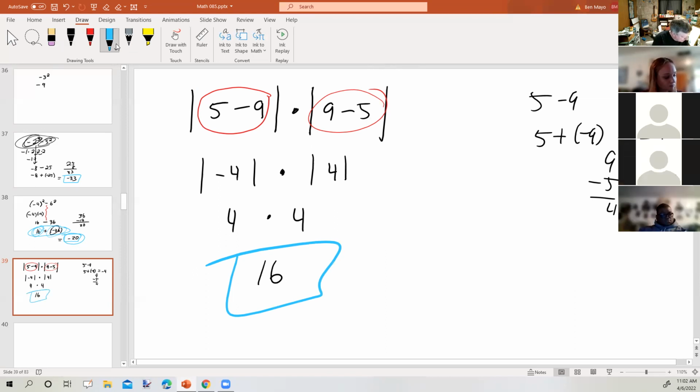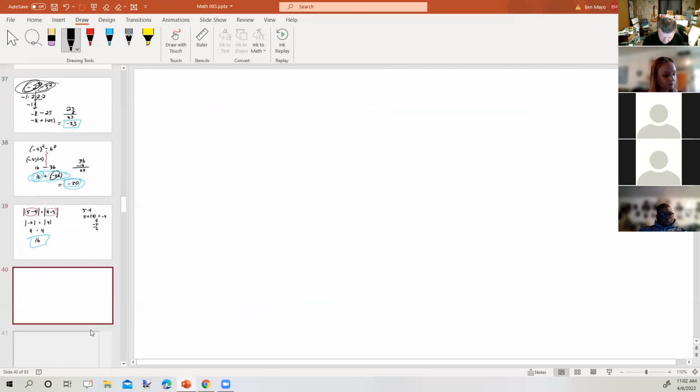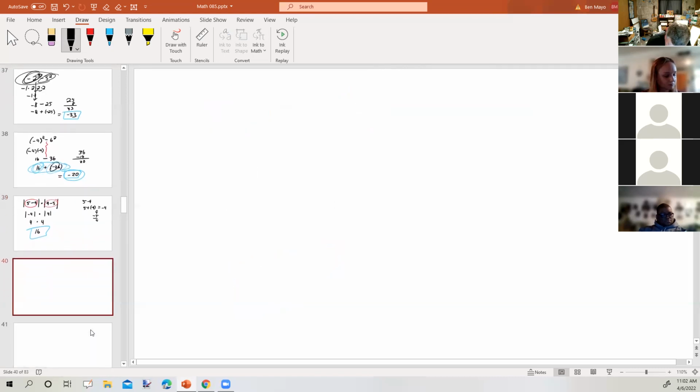Okay, let's see here. Did the absolute value come after the parentheses? No. Okay, let's take a look at that. You kind of work your way from the inside out. Let's say I had this.